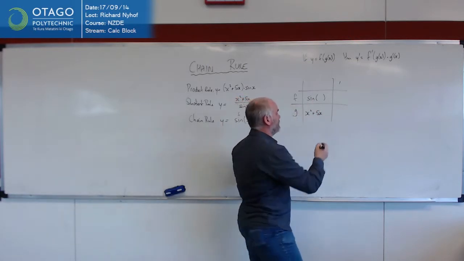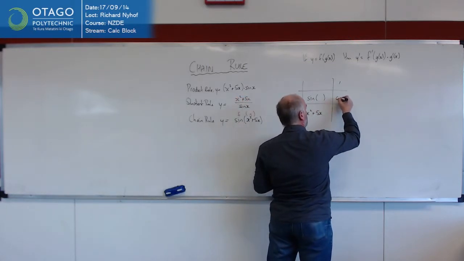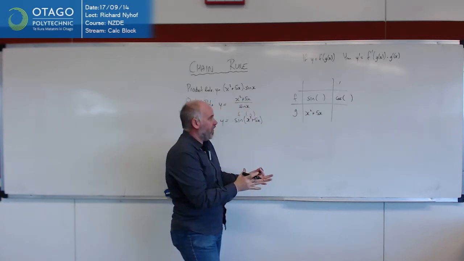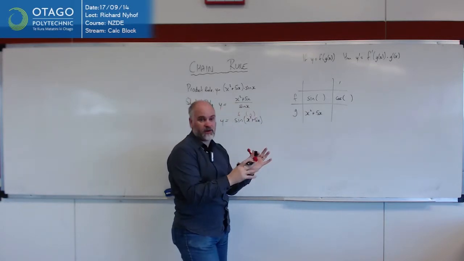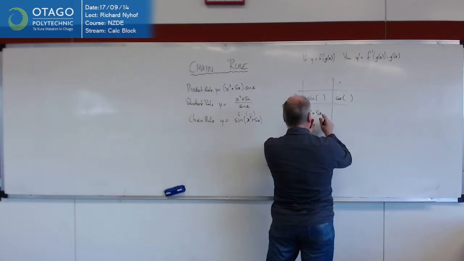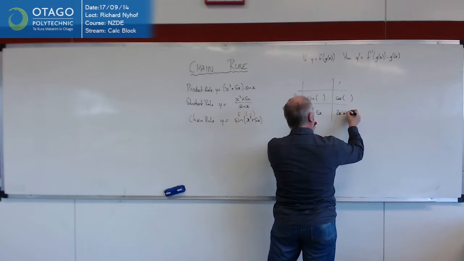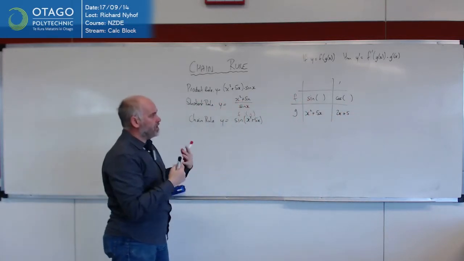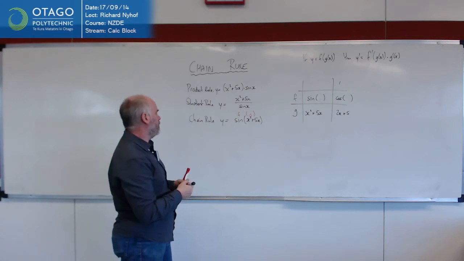Then we have to differentiate each of them. When we differentiate sine, we get cos, okay? Because on the formula sheet it says sine x, so sine empty bracket, cos empty bracket. When we differentiate g, we get 2x plus 5. Hopefully the empty bracket gives us a hint when it comes time to put them all together.